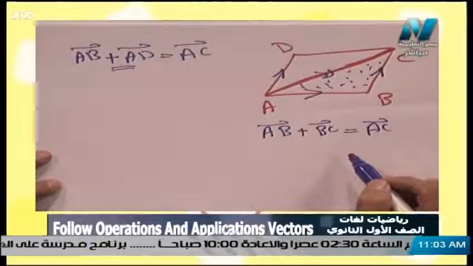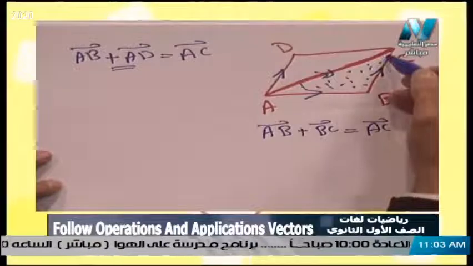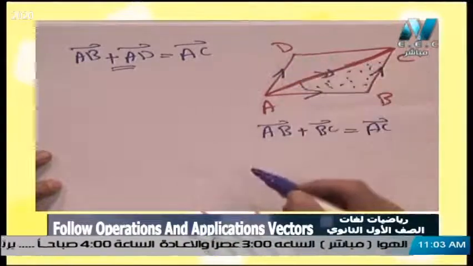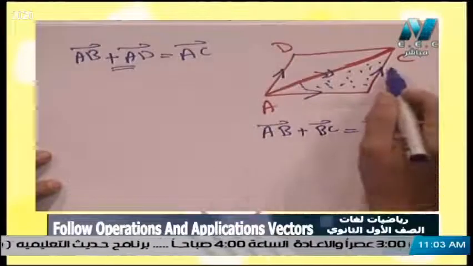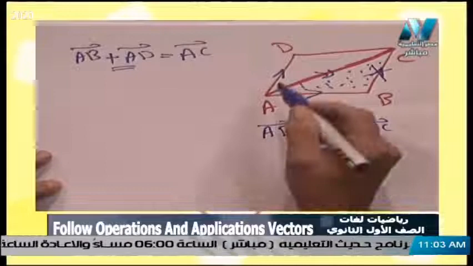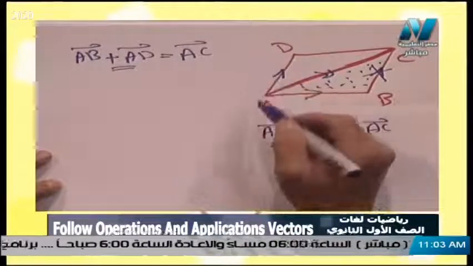And we know that BC here equals in magnitude and direction the vector AD. So we can cancel this BC vector and put the vector AD instead of it.